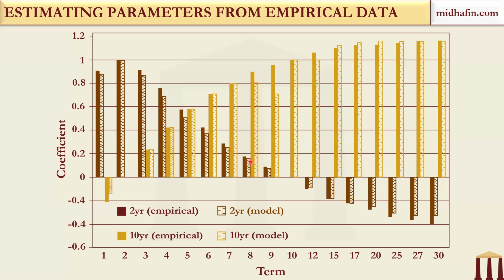It confirms that the Gauss plus model, even with just a few well estimated mean reversion parameters, is able to mirror the actual structure of interest rate movements across maturity. You see, there's very little difference between the solid bars and the hatched bars, very little difference.